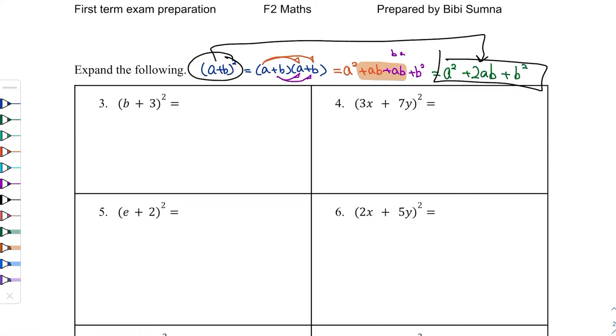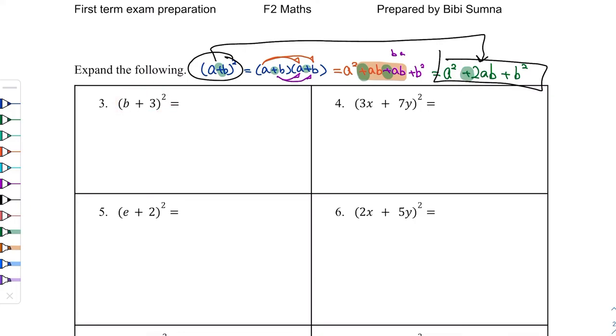Even if it's a minus, then you will have a minus in between. If there is a minus here, then there will be a minus there. Okay, these will all be minus. This will be minus, this will be minus. That will still be a positive. See, negative b times negative b, negative becomes positive. Yeah, so only the middle one changes to negative.